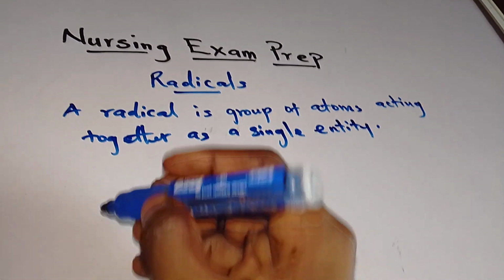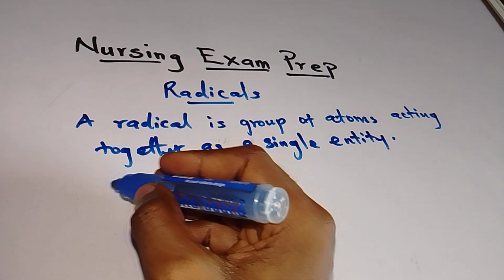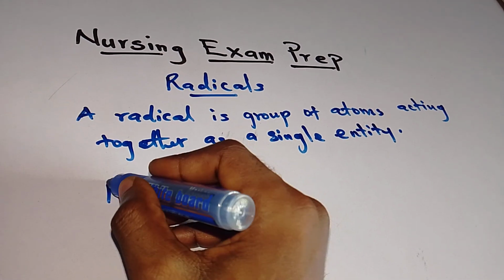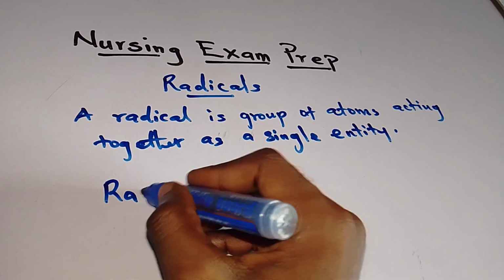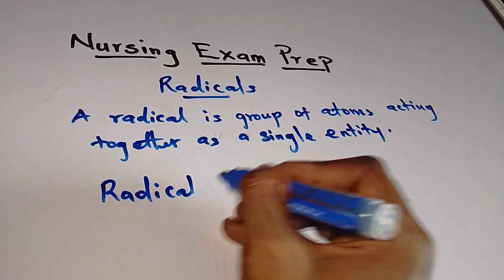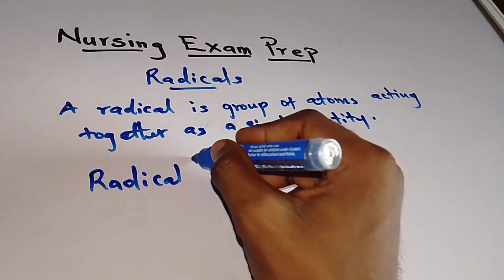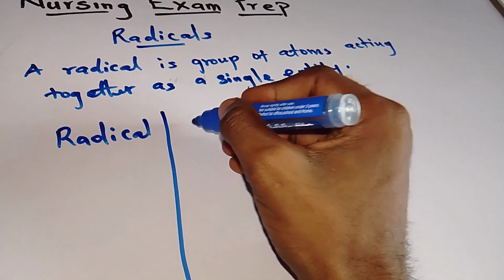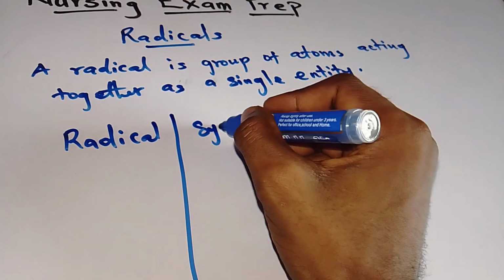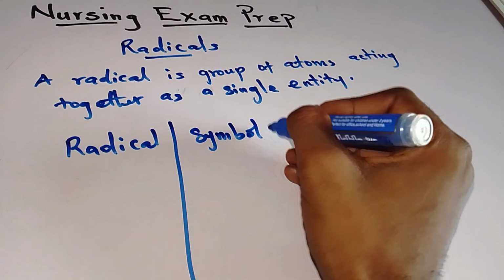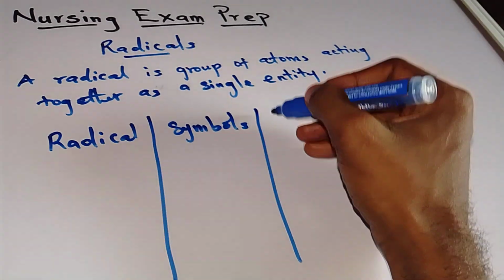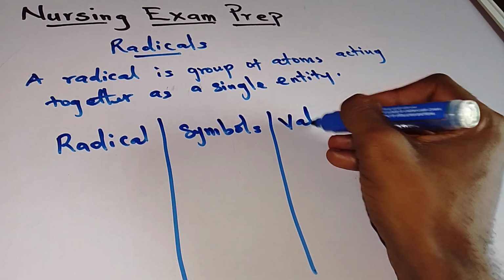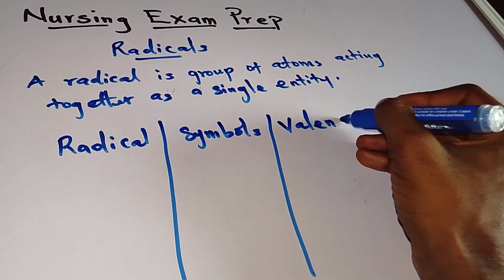Let's look at examples of radicals, symbols, and their valencies. We have radical here, then here we have symbols, and here we are going to have valencies.